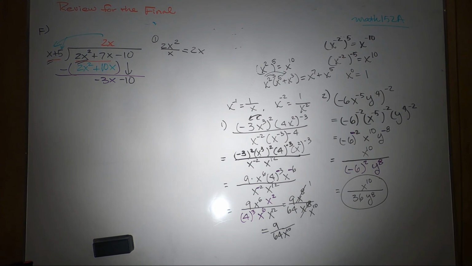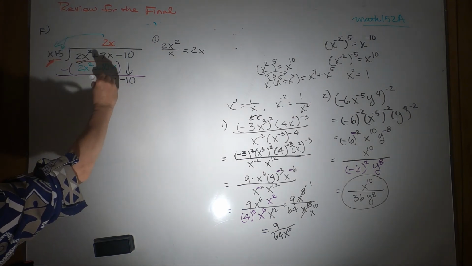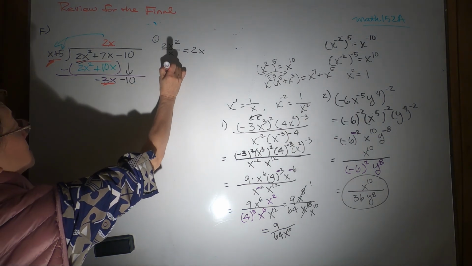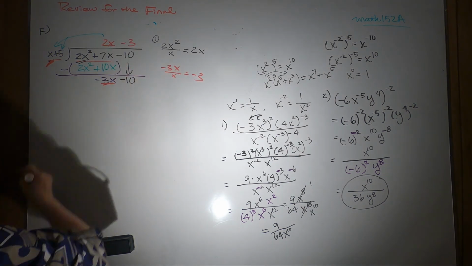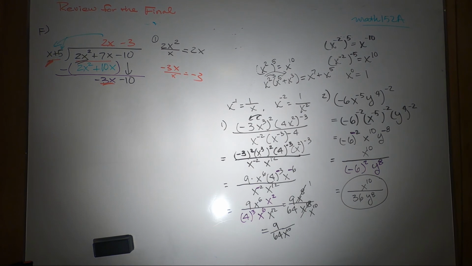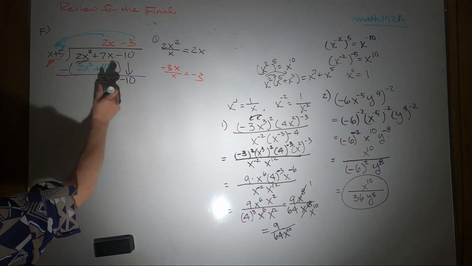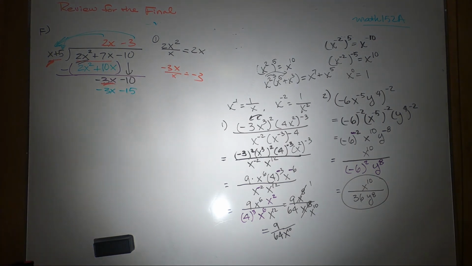Then what's the next quotient again? You compare first term to first term. So x can go into negative 3x. x would be what? Negative 3. That would be negative 3. Right? Then you multiply back, and that would be negative 3x minus 15, right?